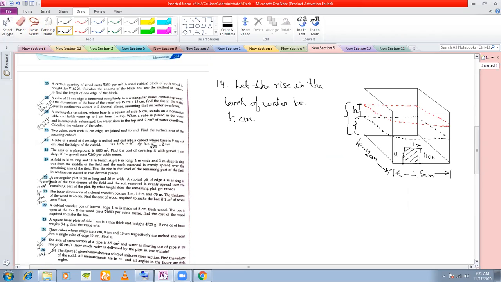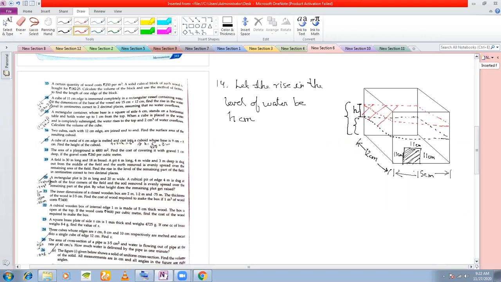The edge of this cube that is immersed in this vessel is 11 centimeters. What you must observe here is that the volume of this cube, this shaded cube that is immersed, must be equal to the volume of this column of water.